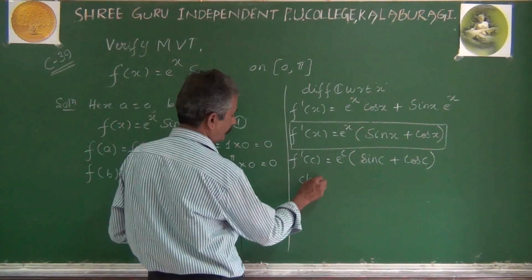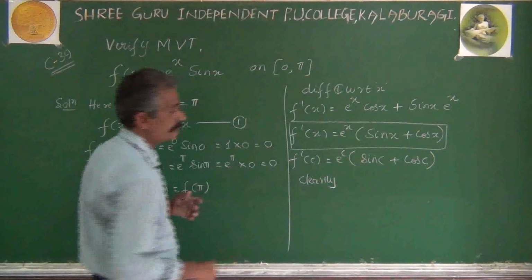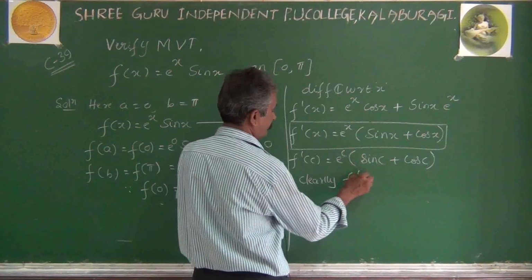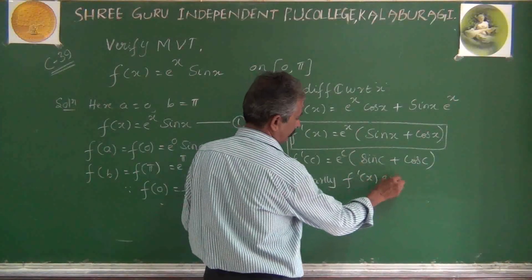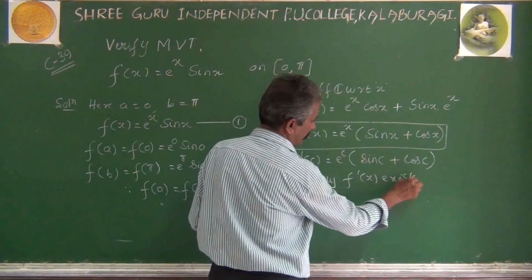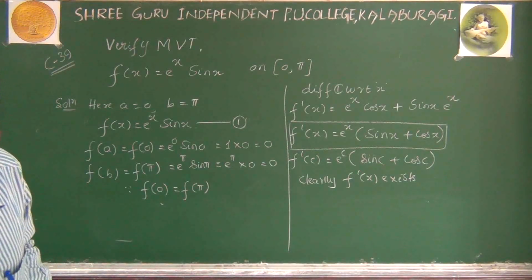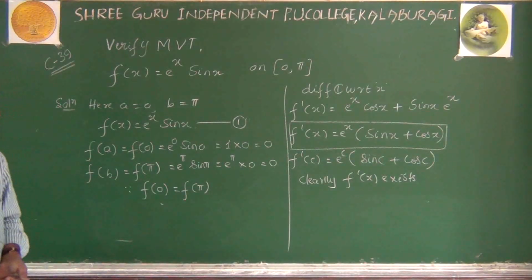Clearly f dash x exists. F dash x exists means f x will be differentiable.